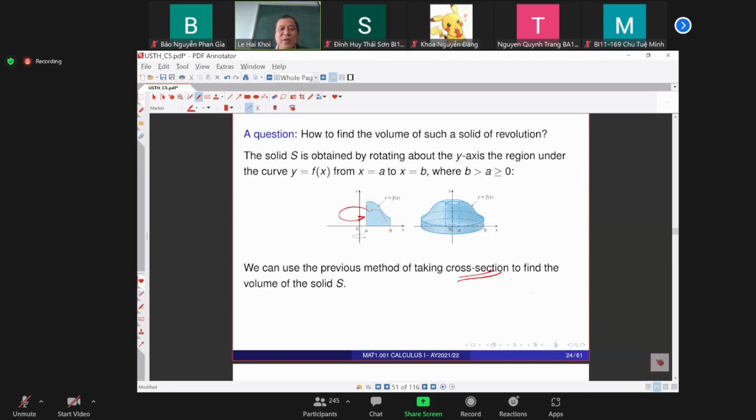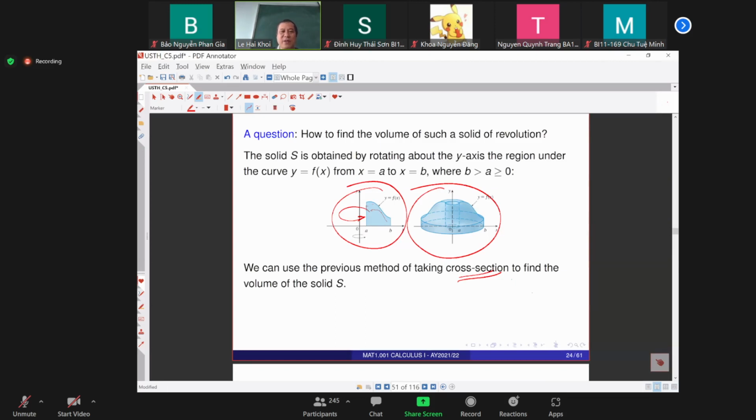Right? That's a very beautiful picture. And that's why I always advise students to sketch the region first, and then to sketch the solid obtained by rotating the region to see what happened and how to compute easily than without picture, right?